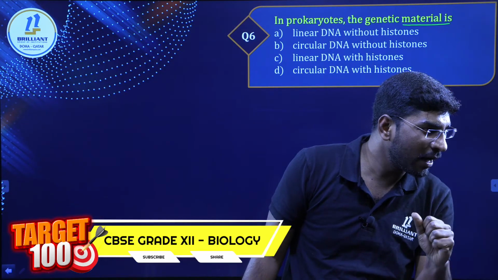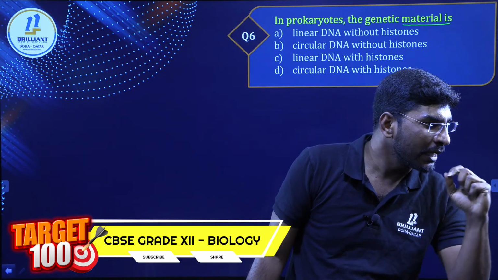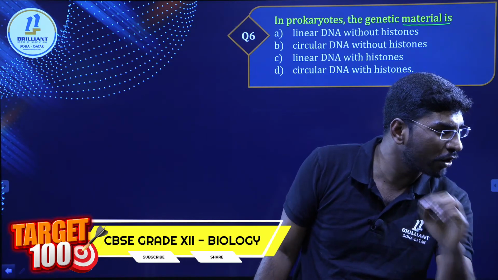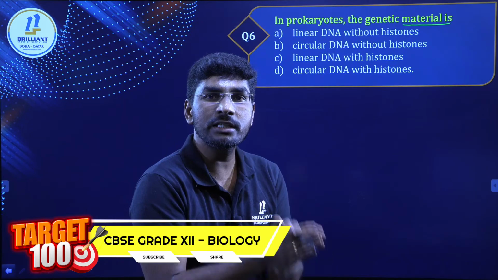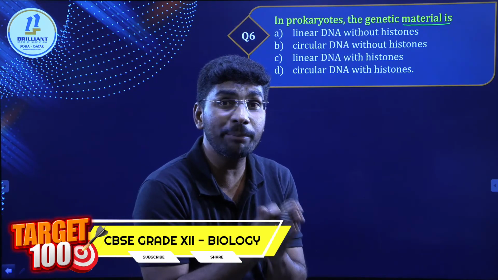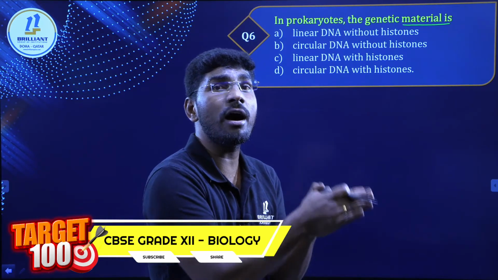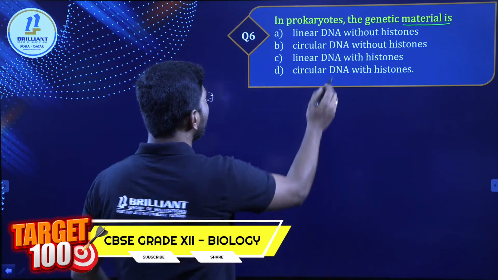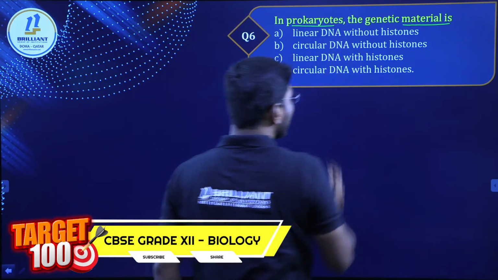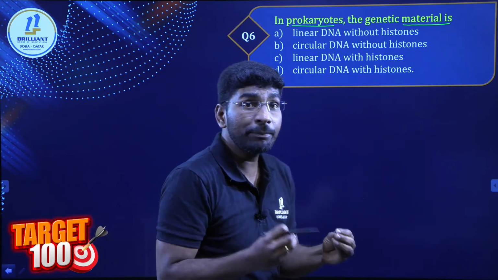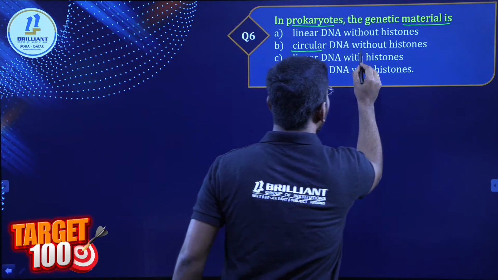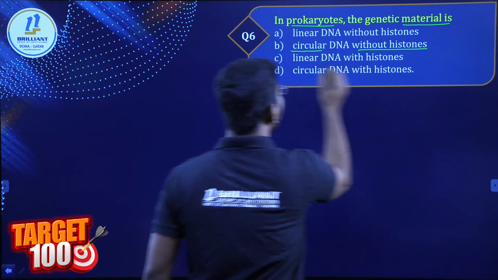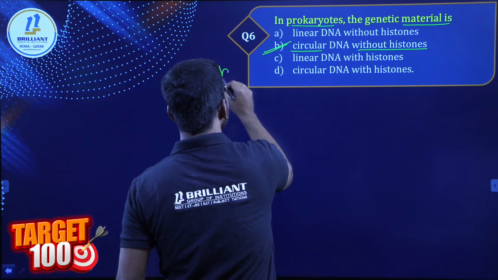Pavitra, Sania, Hafiz, Samuel, are histone proteins there or not? I need an answer. In prokaryotes, histone proteins are absent. What type of DNA? Circular DNA. In a prokaryote like bacteria, circular DNA, right? And without histone proteins.